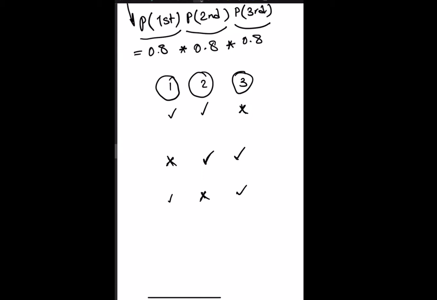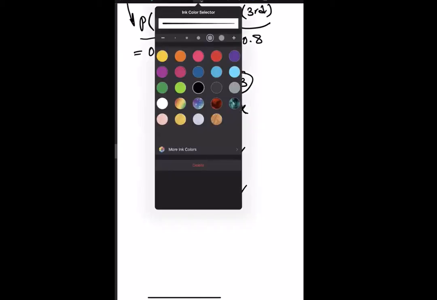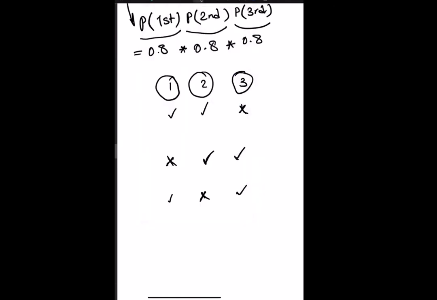So the probability that the player defeats exactly two opponents means that scenario 1 happens, or scenario 2 happens, or scenario 3 happens.